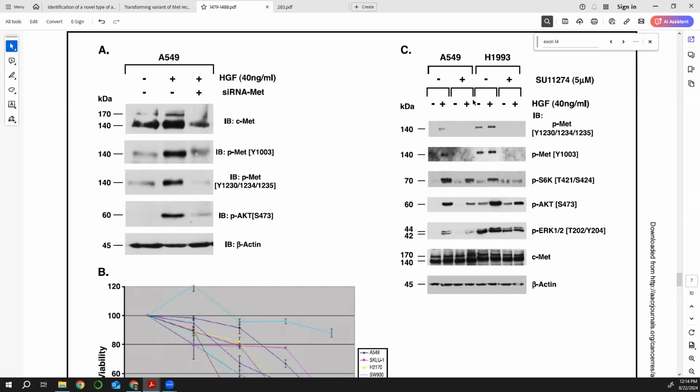Well, we don't know. But interestingly enough, regardless of whether hepatocyte growth factor is present or not, you are able to down-regulate phospho-MET signaling in each of these cases, compared to the absence of the inhibitor.